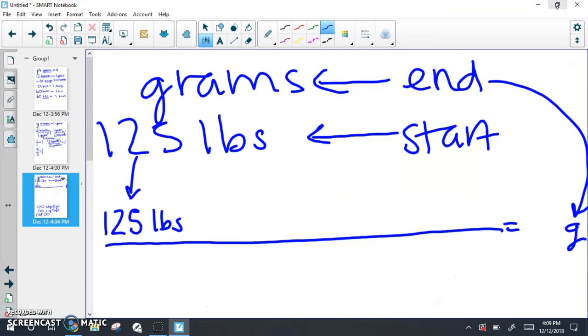Let's go back to this. So using that conversion sheet, let's find something that tells us to go from pounds to grams. There's not one that makes that big of a jump, but there are some bits and pieces of it. So I'm going to draw a line to say I'm going to write a new type of fraction over here. I don't know how many grams there are in pounds, but I do know that 16 ounces equals 1 pound.